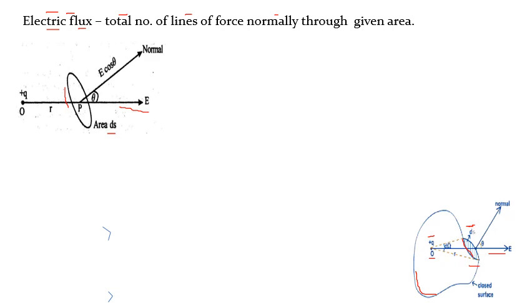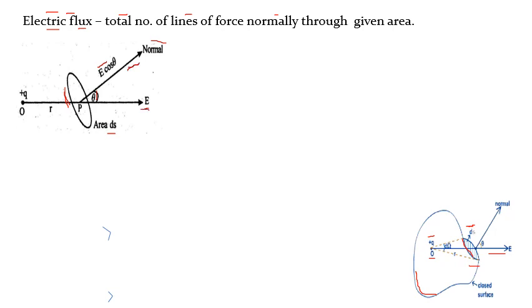Now what about this E cos theta? What does this E cos theta indicate? This E cos theta is the component of E along this normal, where this normal is perpendicular drawn to this area, and theta is the angle between this E and this normal.